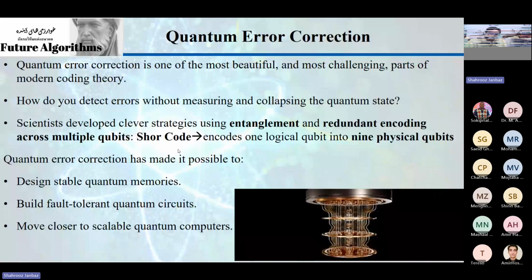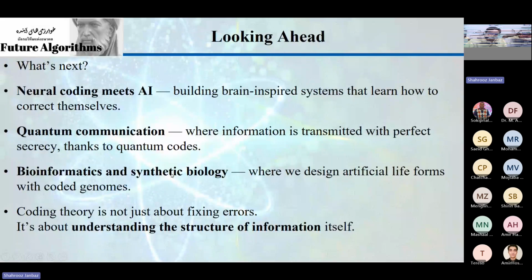What are the other applications of coding theory? Neural coding meets AI: building brain-smart systems that learn how to correct themselves. In this field, you can use coding theory and merge quantum and AI for automation of correction.